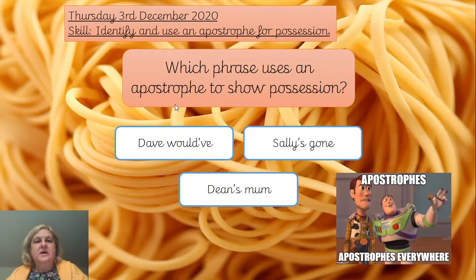Okay, so next little slide for us, which phrase here uses an apostrophe to show possession? So which one is a phrase that shows possession rather than omission?